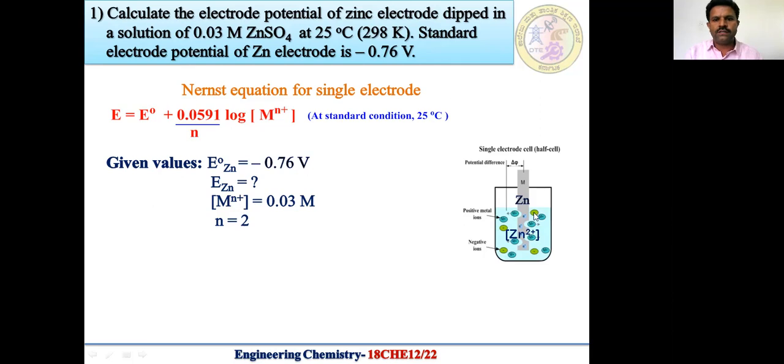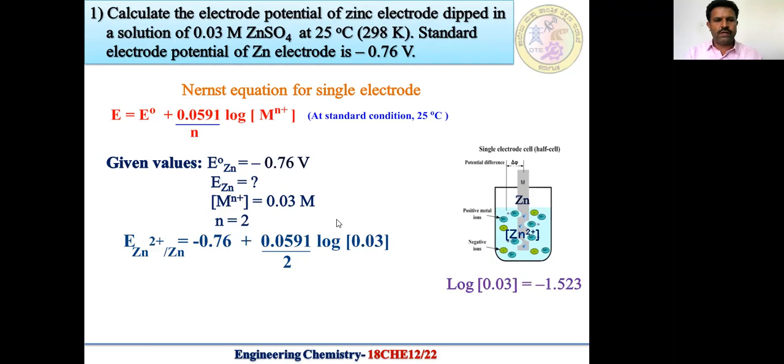The concentration of the zinc sulfate solution, the metal ion solution concentration, is 0.03 molar, and the value of n, the number of moles of electrons involved in the reaction, is equal to 2. Because here the valency is Zn 2 plus, when zinc undergoes oxidation, it will release 2 moles of electrons.